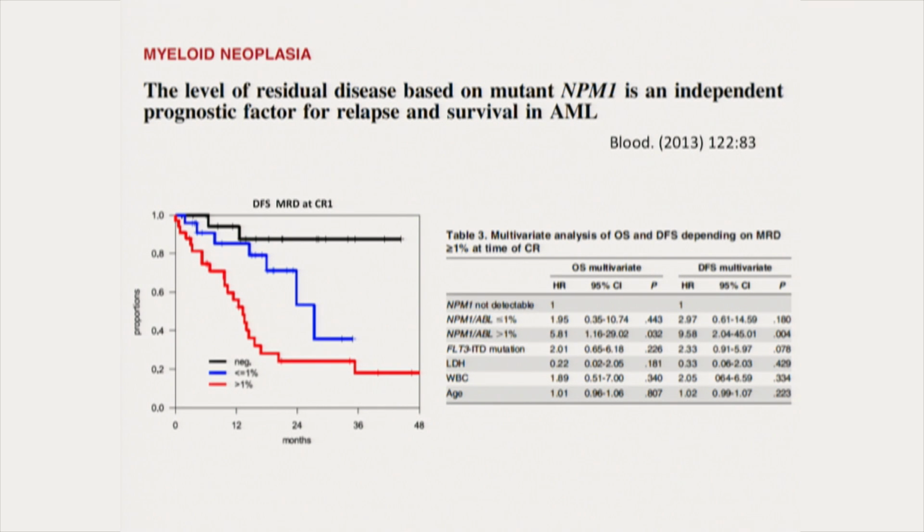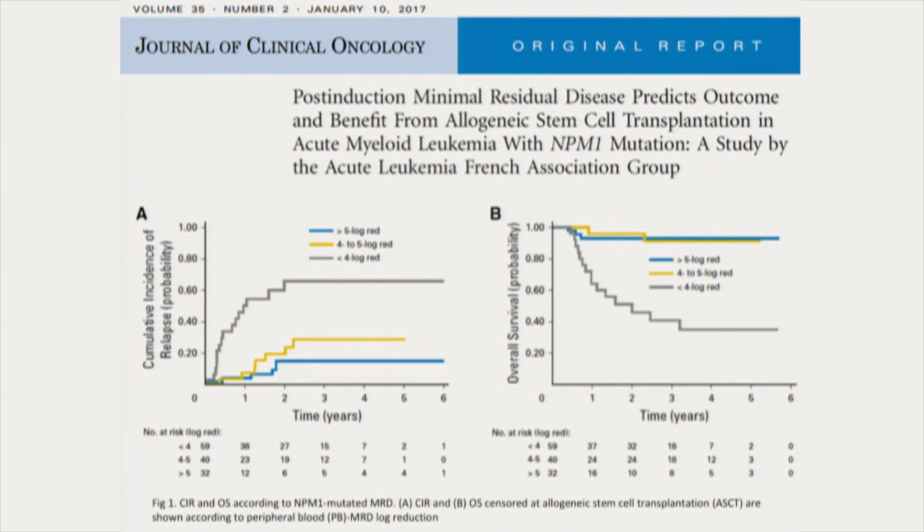That's the second sign indicating that analytical sensitivity does translate to predicting clinical outcome. And another study has used a similar technique, but instead of testing bone marrow, they tested peripheral blood and showed similar results.